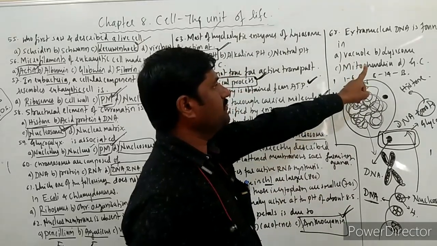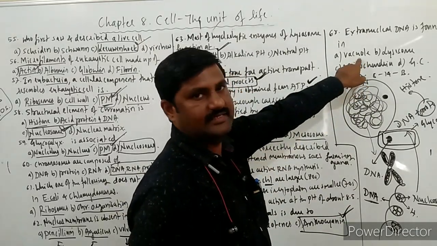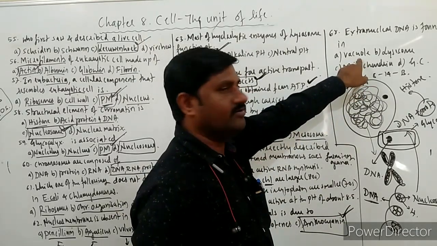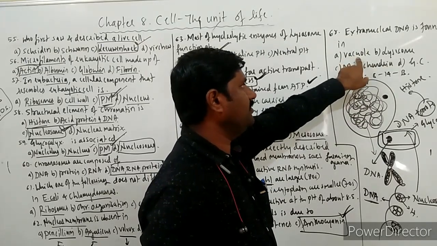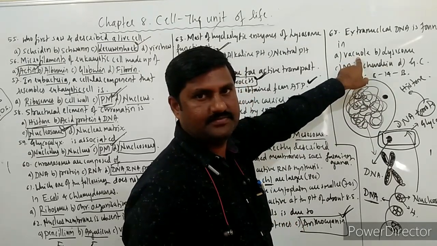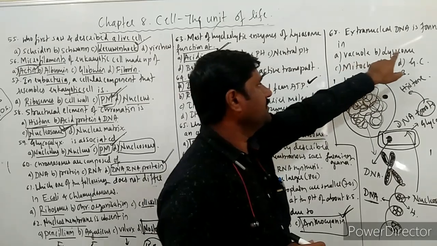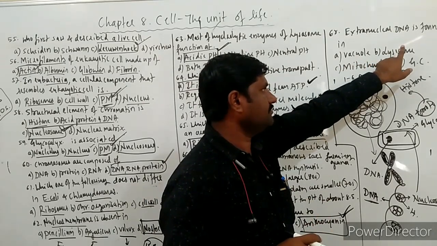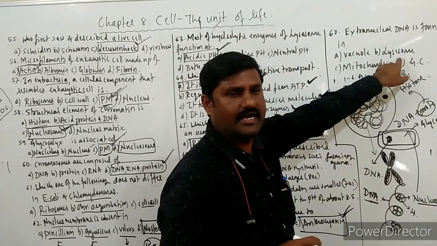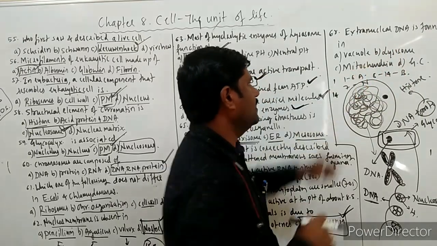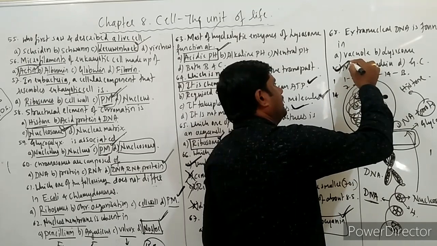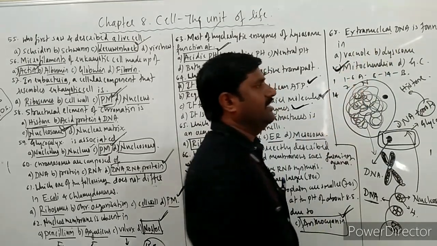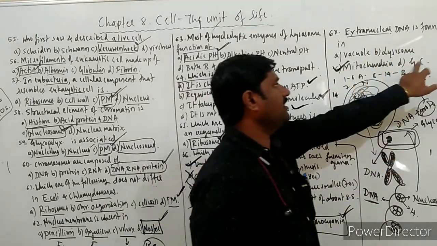Let us see the options and analyze the answer. One is vacuole. Vacuole doesn't have DNA. Lysosomes do not have any DNA. They have only hydrolytic enzymes. Mitochondria has its own DNA, which is extra nuclear. What about the Golgi complex?